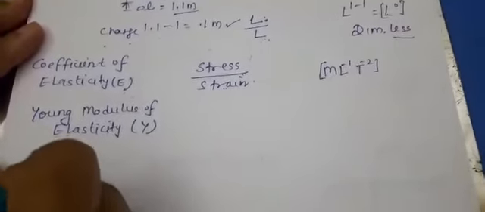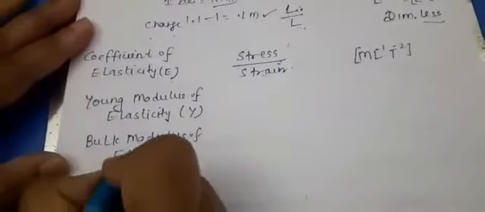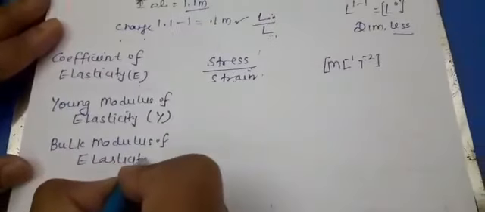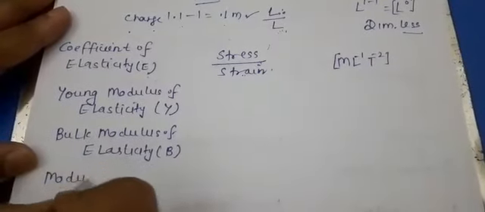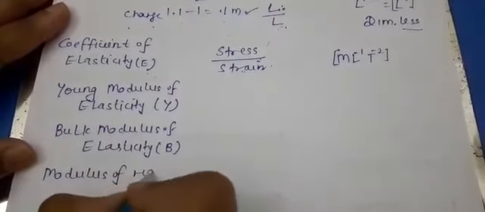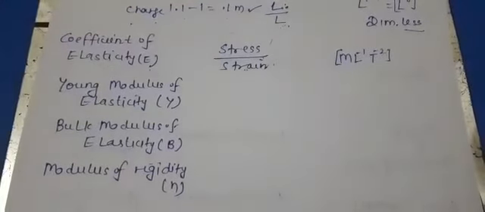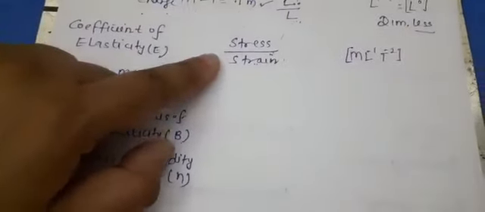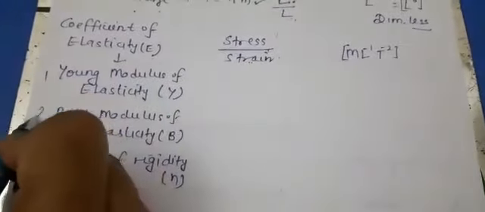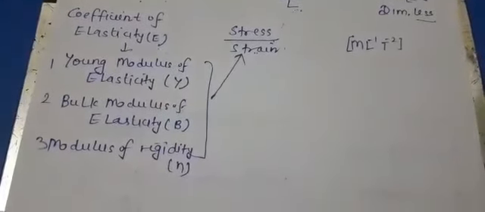Or second is bulk modulus of elasticity, B. Or third is modulus of rigidity, eta. So there are three different types of coefficient of elasticity. These are different types, but all three have the same physical formula and dimension formula.